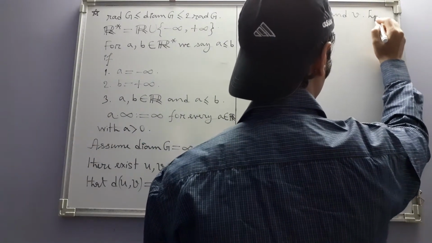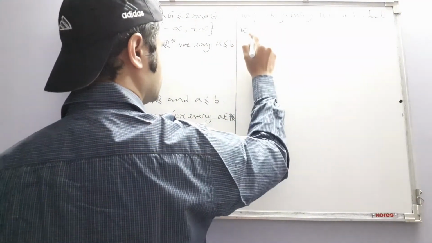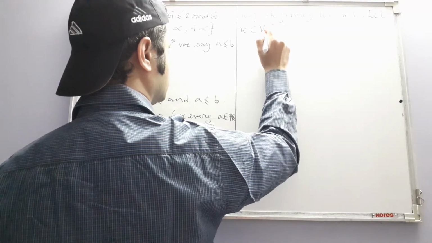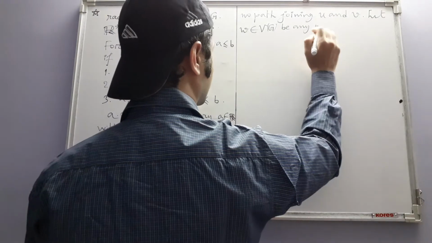So let us take an arbitrary vertex. Let W belonging to V of G be any vertex.